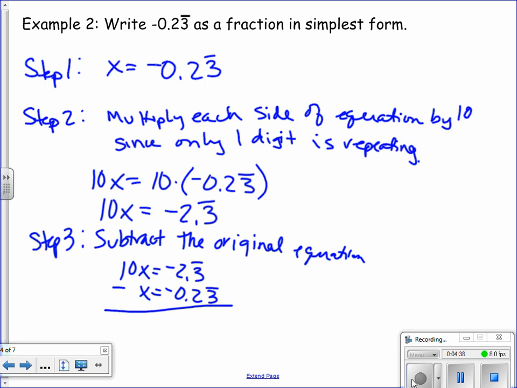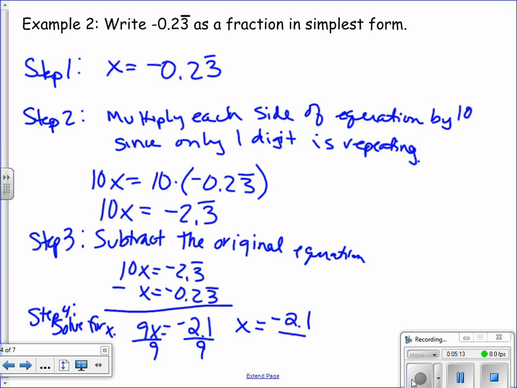And what that equals then, lining up the decimal points, we have 9x equals negative 2.1. Now, step 4 is just to solve for x, to divide each side by 9. And x equals negative 2.1 over 9.